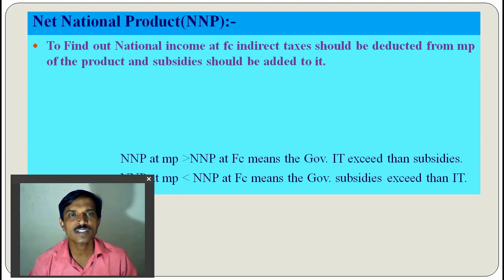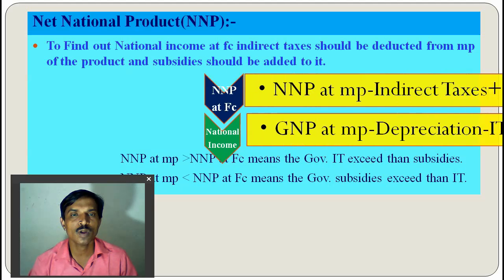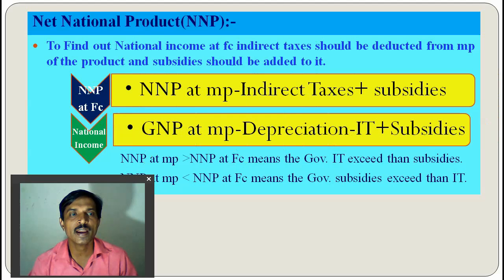So to find the national income at factor cost, indirect taxes should be deducted from the market price of the product and subsidy should be added to it. Looking at this formula, national income at factor cost means net national product at market price minus indirect taxes plus subsidies.